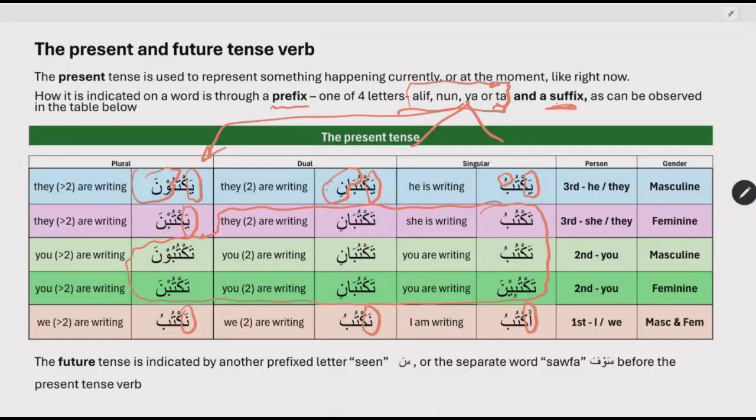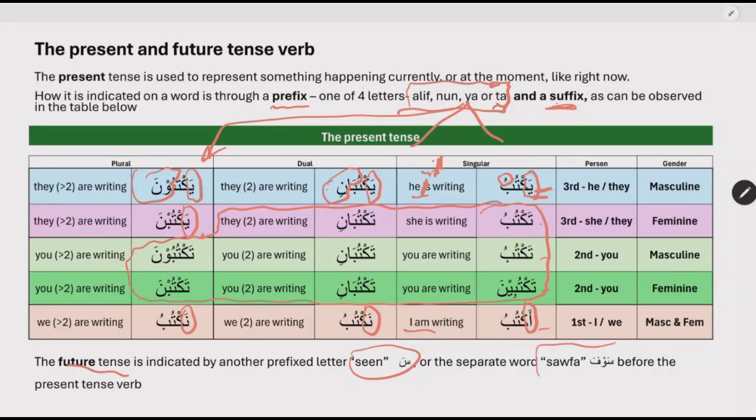So it's that end part of the word that gives you the number and the gender and all the rest of it. Okay, and then we said the future tense is simply indicated by a letter seen, where you just add a seen in front of any of these forms, and you get the future tense. I write is aktubu, he will write is sayaktubu, right? So instead of is, you say will here, because you're putting a sa in front, right? So that's how you change it to a future tense.